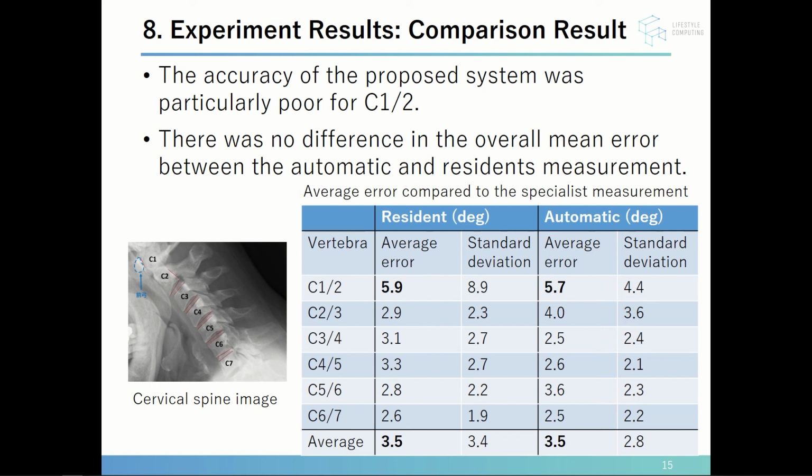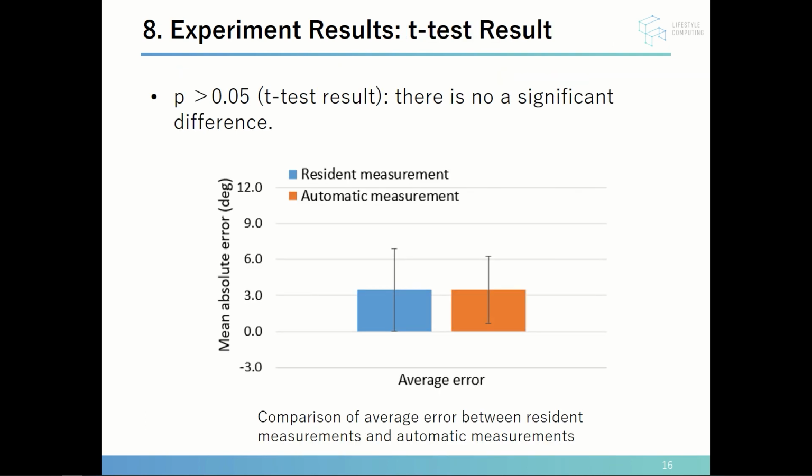The mean measurement error of the proposed system and the resident was the same value, 3.5 degrees. However, the variance in error was smaller for the automatic measurement.